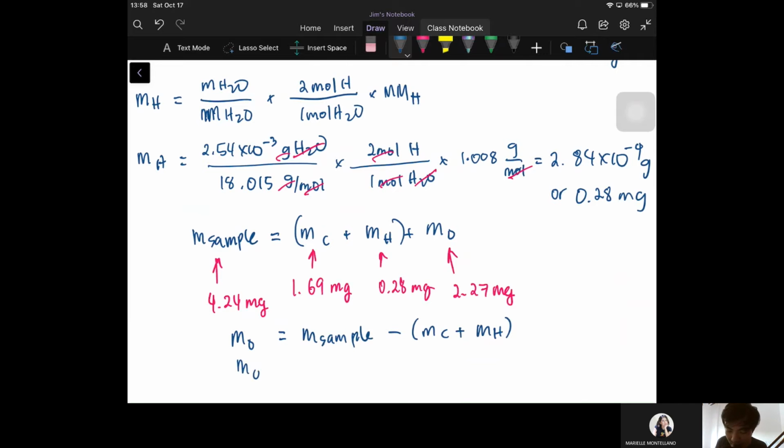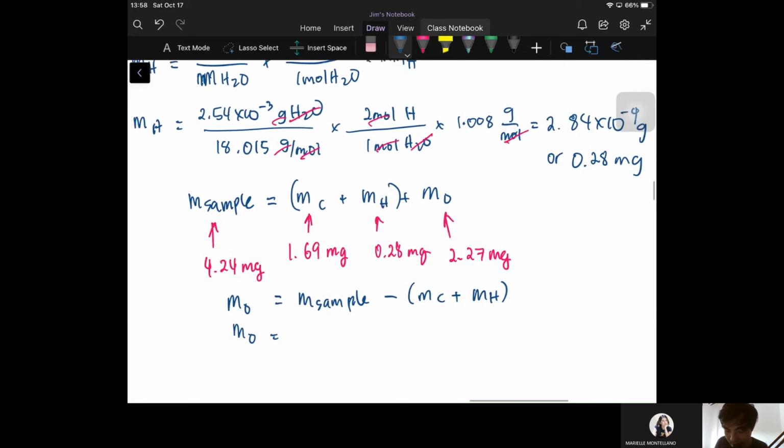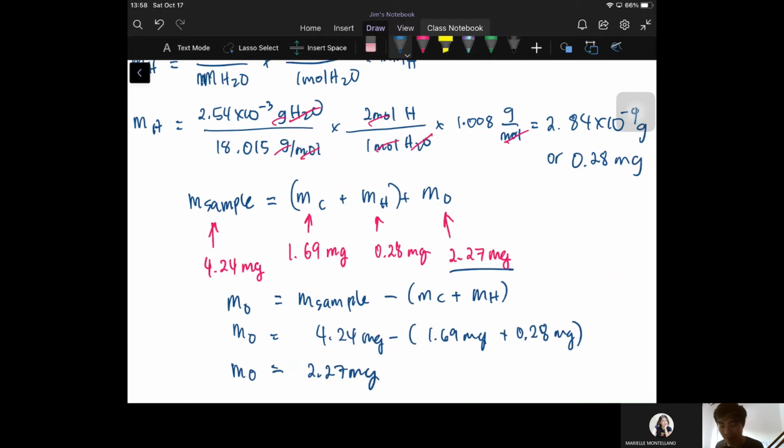So, ganun lang ginawa to get the mass of oxygen. 1.69 plus 0.28 milligrams. Kalimutan yung unit. Okay, so that will give you 2.27 milligrams. No? So, ganun lang. So, yan. Ito yung first step. Ito yung important part, no? Alamin mo yung mass ng elements mo.